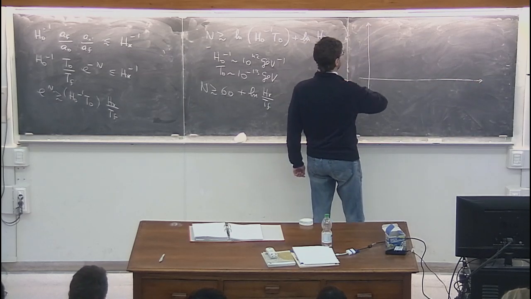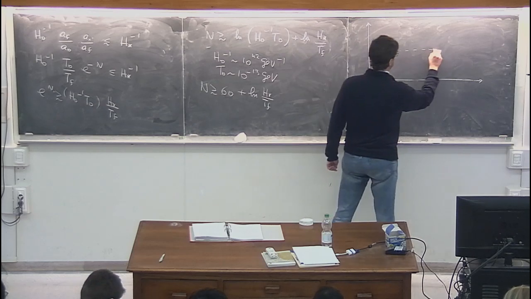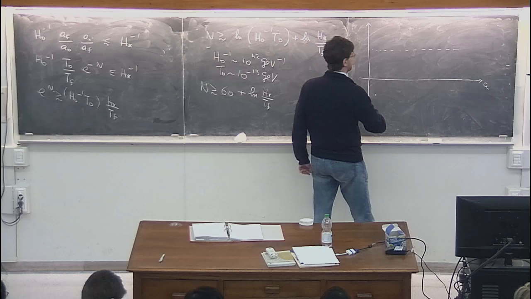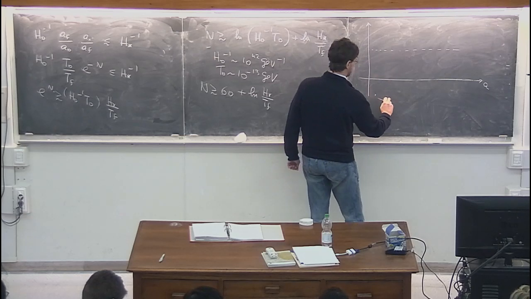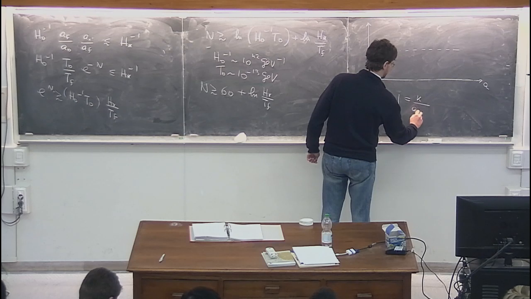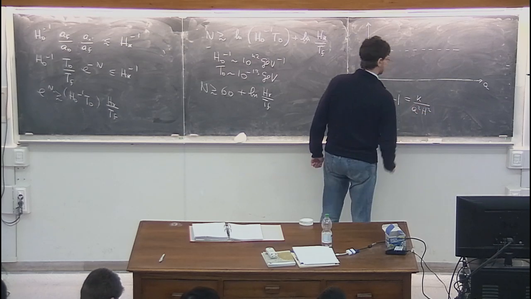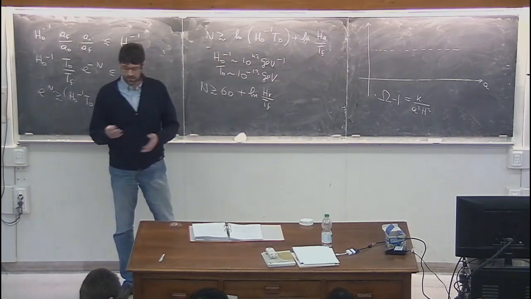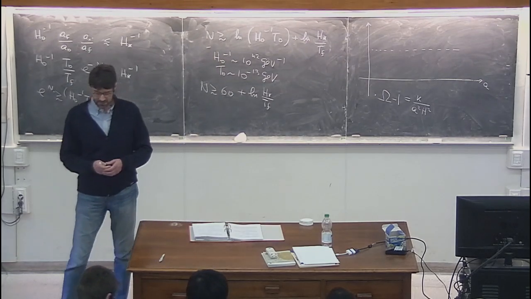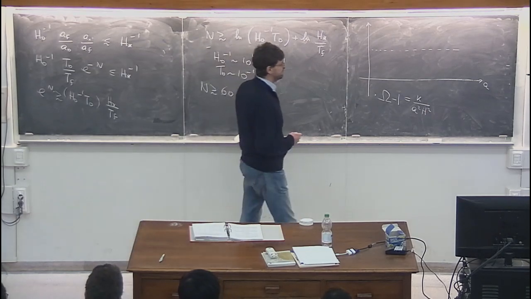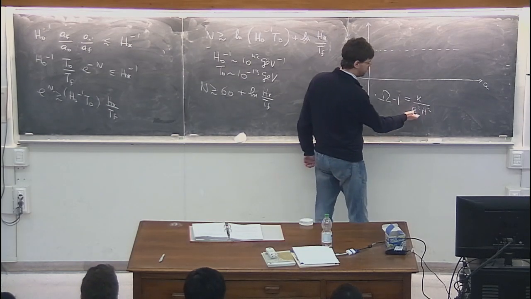So if you remember, we said that we have, as a function of a, the scale factor, that Omega minus 1, which is k over a squared H squared, today is of order unity, let's say. In order to go back in time, we have to scale it properly here.